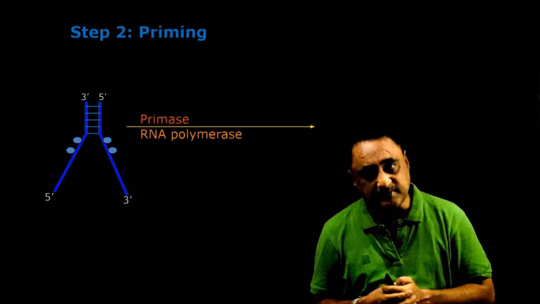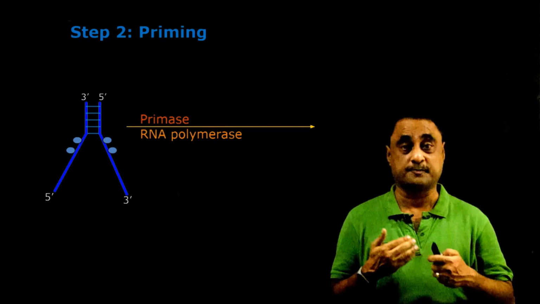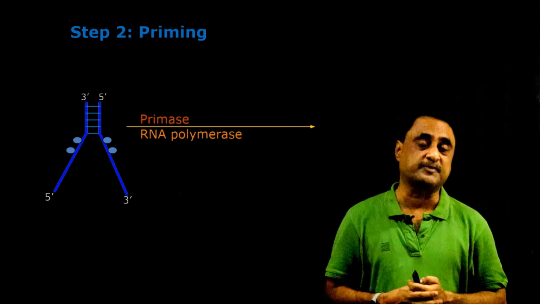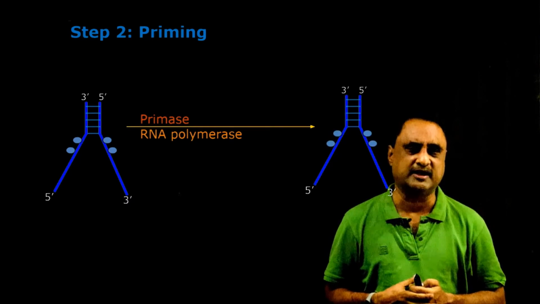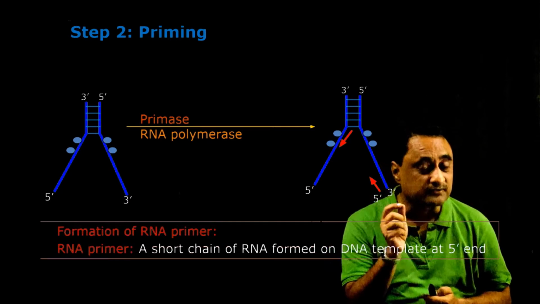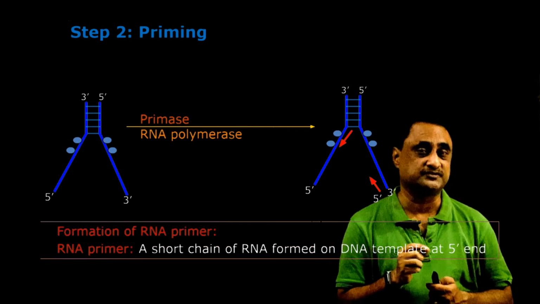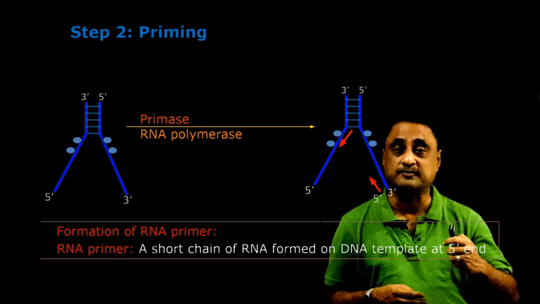And the priming is actually being done by the RNA polymerase or primase, right? And the very function of the priming is that they form a very small segment of RNA, okay? As you can see in the diagram. Mind it, synthesis always occurs in the 5' to 3' direction, right? So according to that, you will see that synthesis is occurring from 5' to 3'.